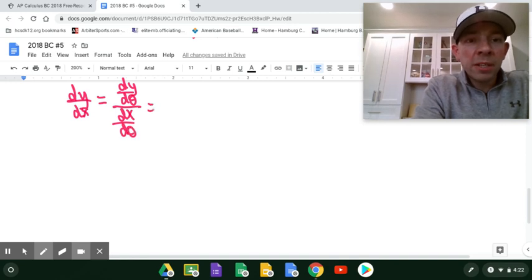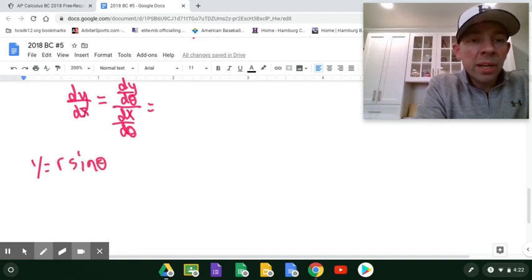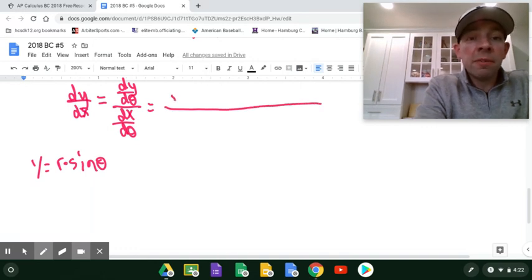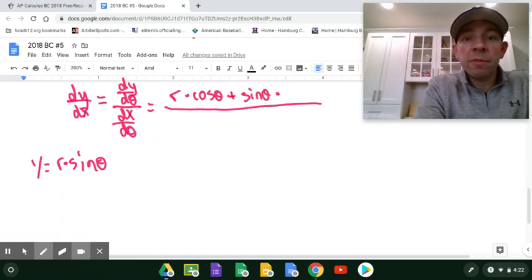What you have to know off to the side is that y in polar mode is defined as r multiplied by sine of theta. And r itself is a function of theta, so we have to use the product rule right there. It's going to be the first times the derivative of sine of theta plus the second function times the derivative of r with respect to theta.